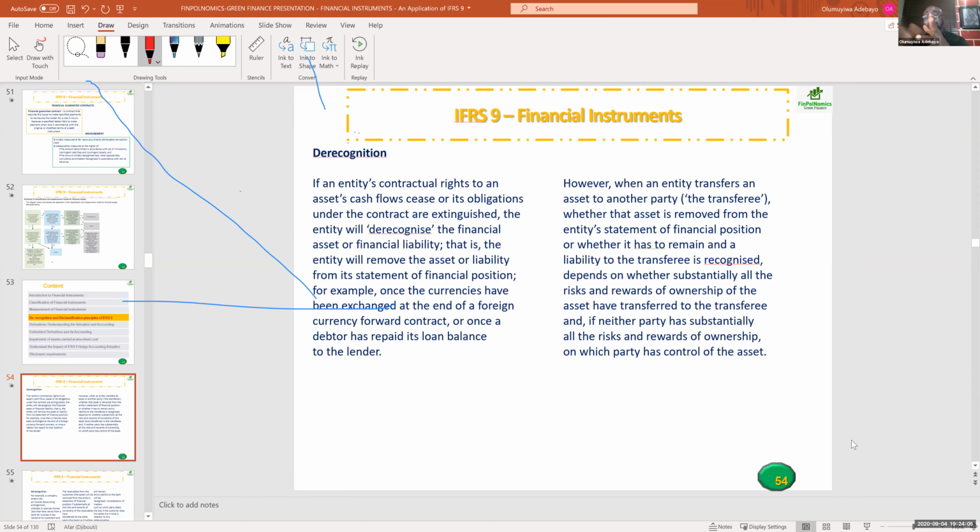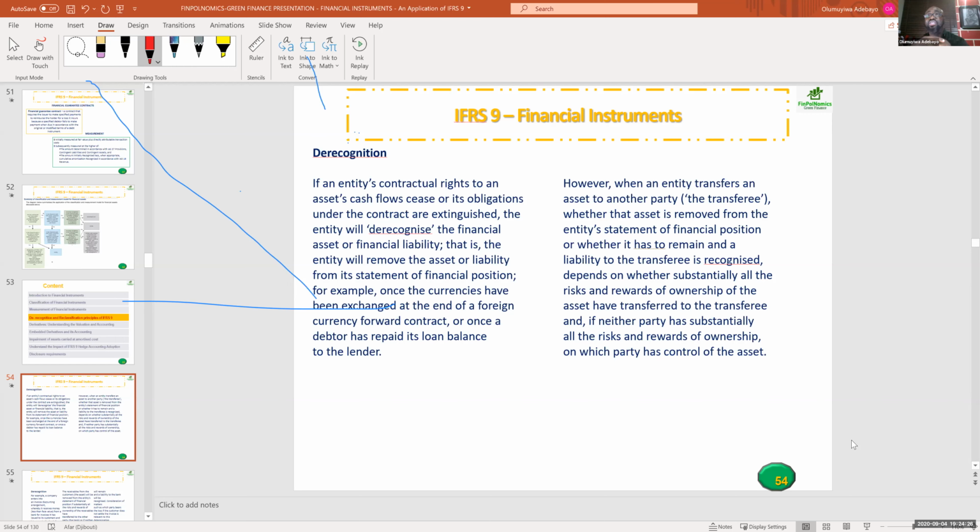That's what we mean by derecognition. Similarly, recognition is the means of introducing or accounting for financial assets and financial liabilities in the books, which means we must ask: at what point do we derecognize, and how do we derecognize?